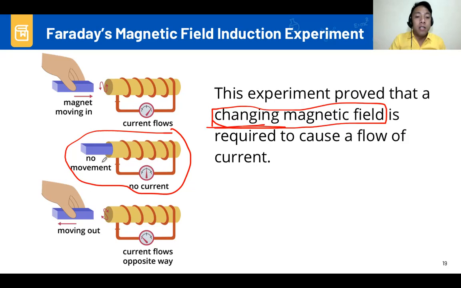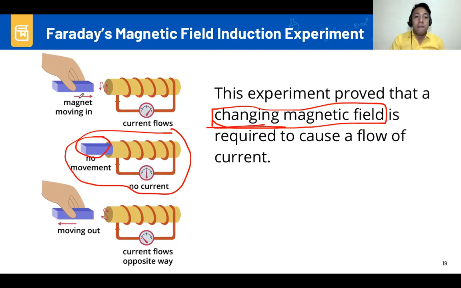So, if there is no movement, there is also no current. Do you understand? If you just put your magnet on this kind of metal and then some wires, there's no current.